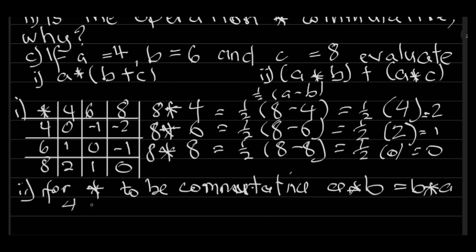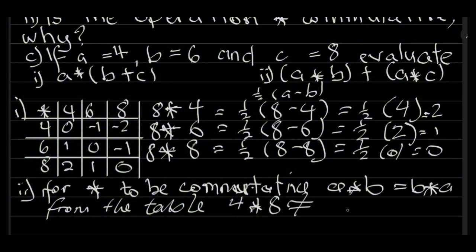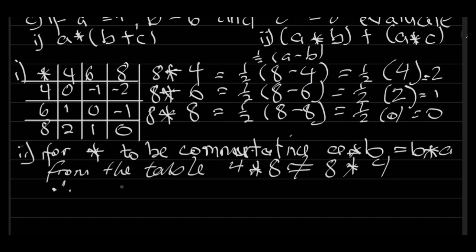That is 2. So from the table, 4 star 8 is not equal to 8 star 4. Therefore, the operation star is not commutative.